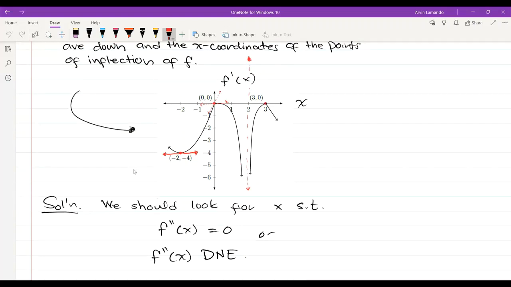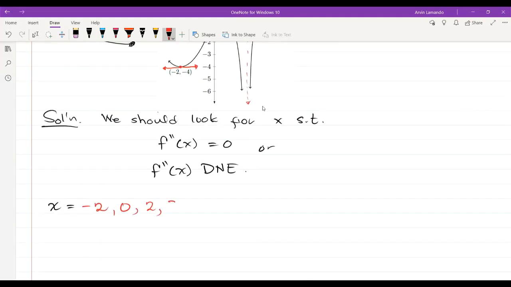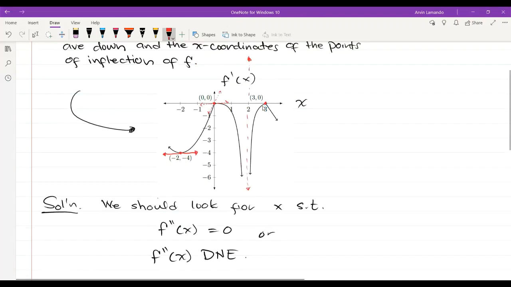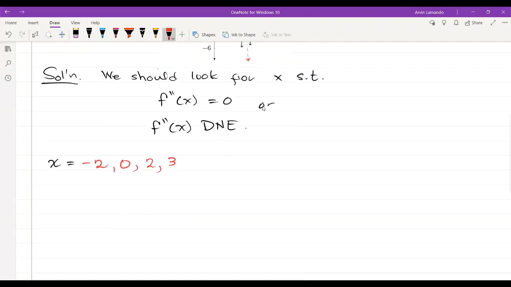And similar to x equals 0, there is a sharp turn at x equals 3. Therefore, the derivative at this point does not exist. Therefore, f double prime of 3 does not exist. And therefore, at x equals 3, we have another possible point of inflection.